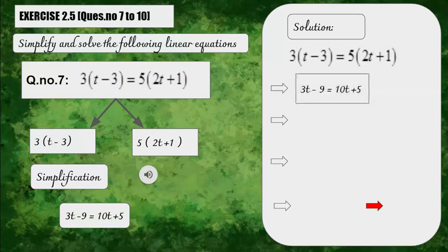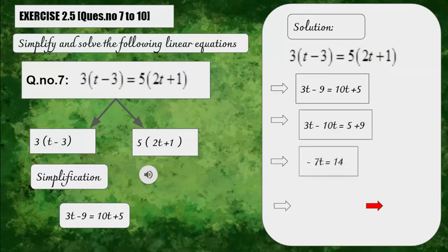So from here, the right side 10t, we can shift it to the left side. Same way, minus 9, we can shift it to the right side as plus 9. So now we will get 3t minus 10t is equal to 5 plus 9. 3 minus 10 is minus 7, 5 plus 9 is 14.